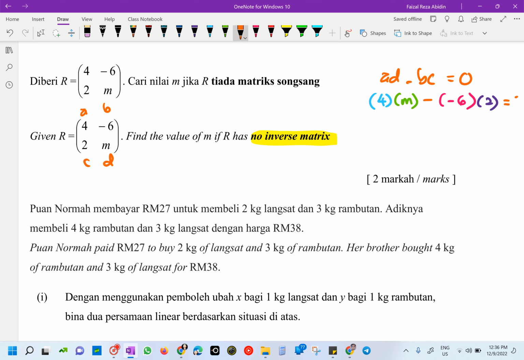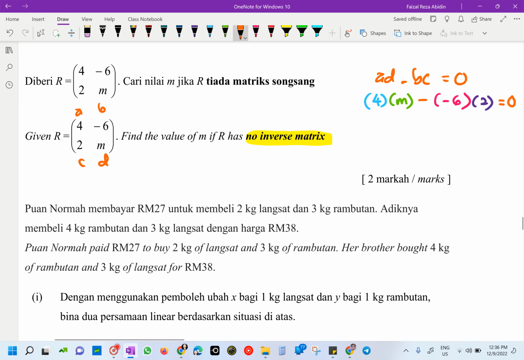Everything here is going to be 0. That's what we have for our no inverse matrix. Sebab kalau dia 1/0, tak boleh lah, tak adalah matrix songsang.